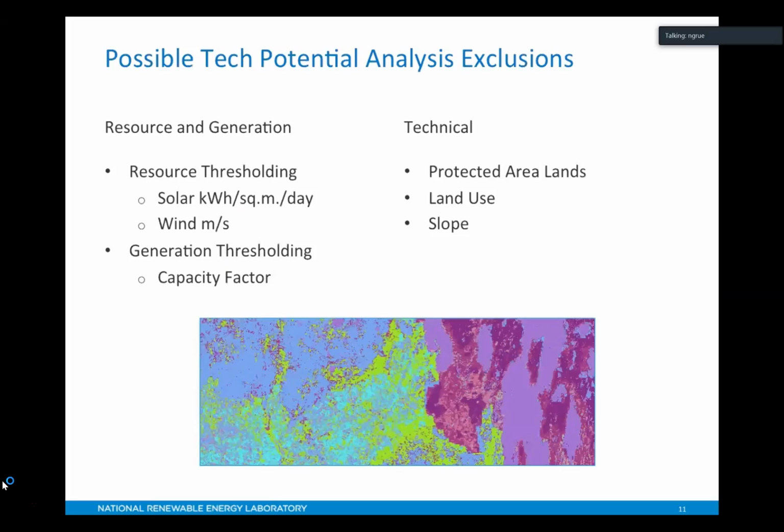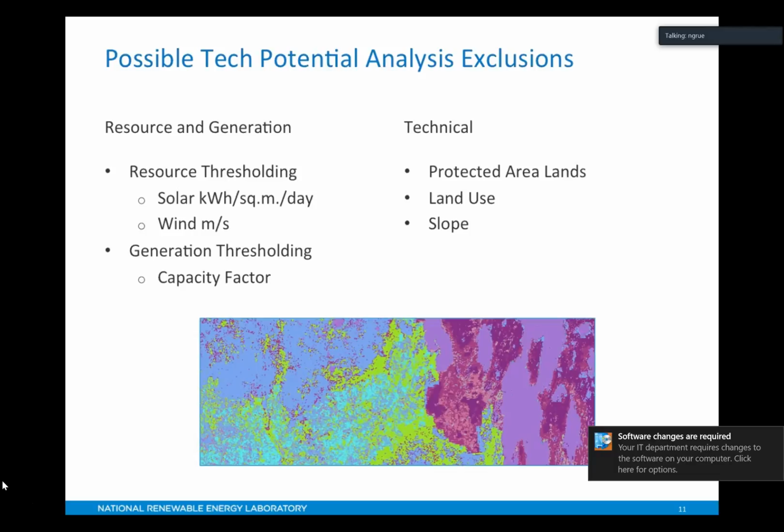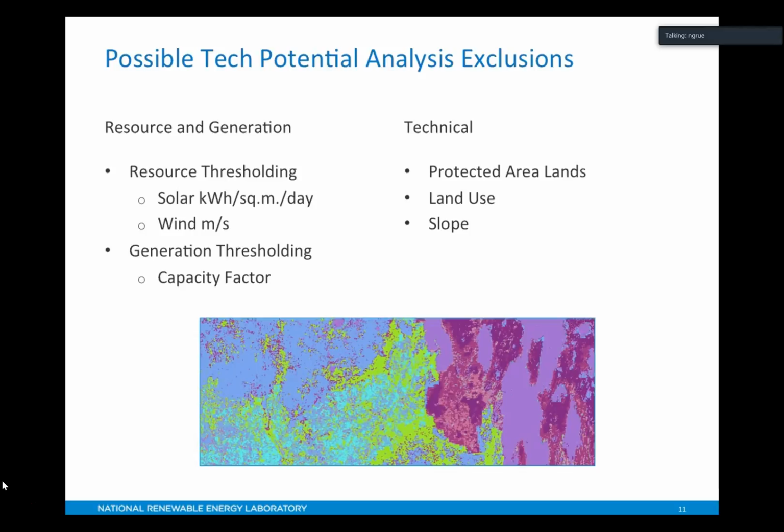When you're looking at possible exclusions for the resource, the base of that pyramid, you can do resource or generation thresholding. This just means if you have, for example, DNI, direct normal irradiance for solar, you may only be interested in areas of land that are 4.0 kilowatt hours per square meter per day up to 7 kilowatt hours per square meter per day.